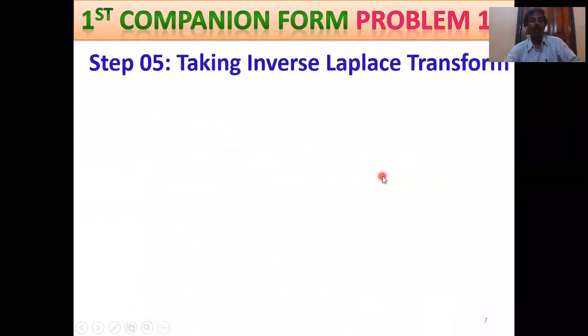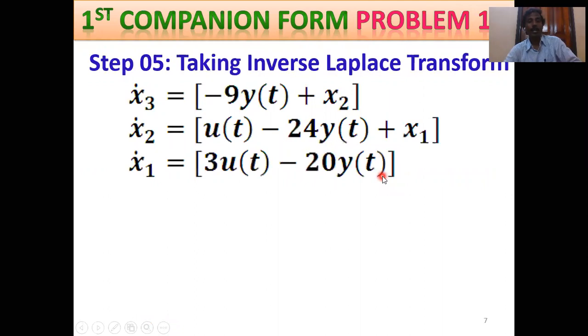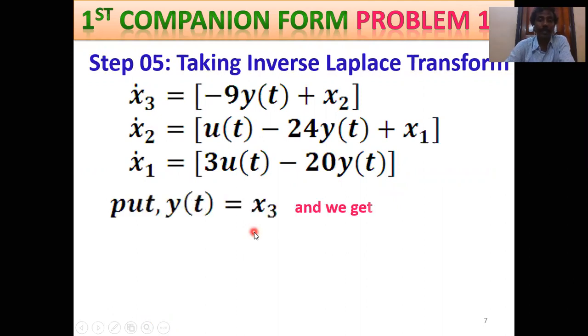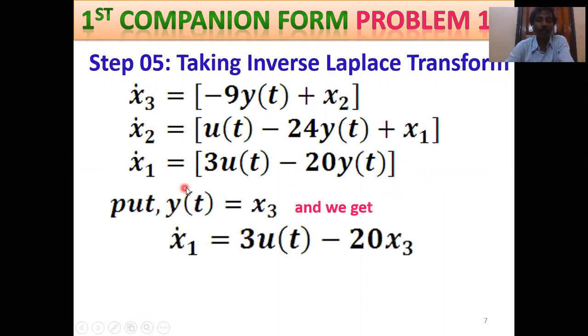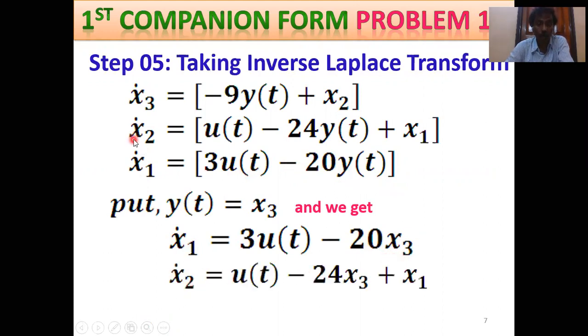So what is x1 dot, x2 dot, and x3 dot? Put y(t) equals x3. Then we get x1 dot equals 3u(t) minus 20x3. Again, x2 dot equals u(t) minus 24x3, y(t) equals x3. So put here the corresponding x3, and this is x1.